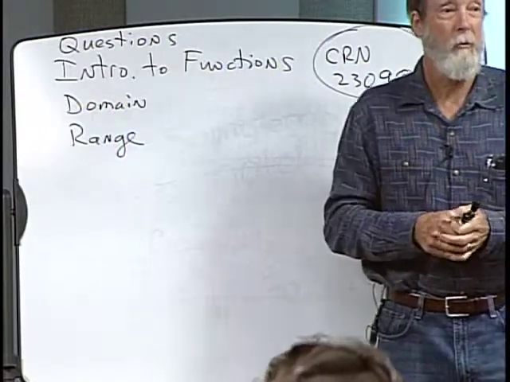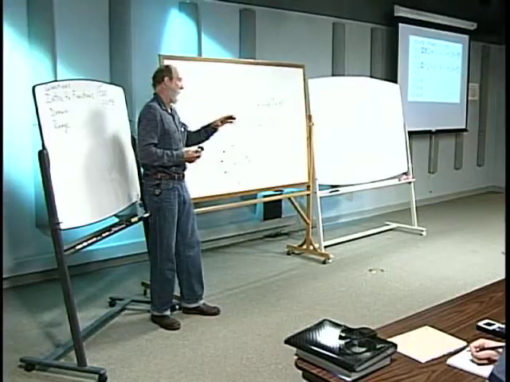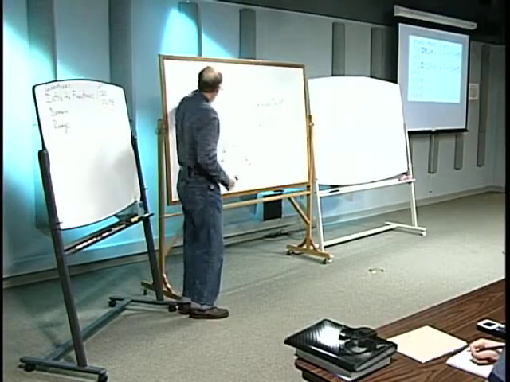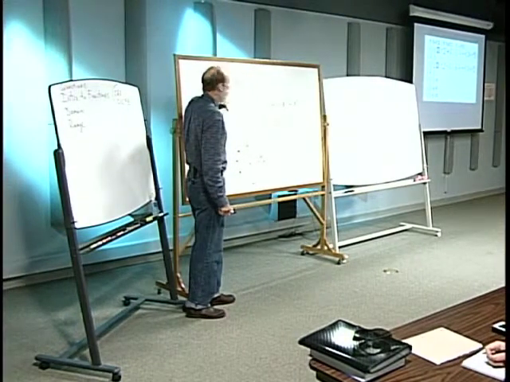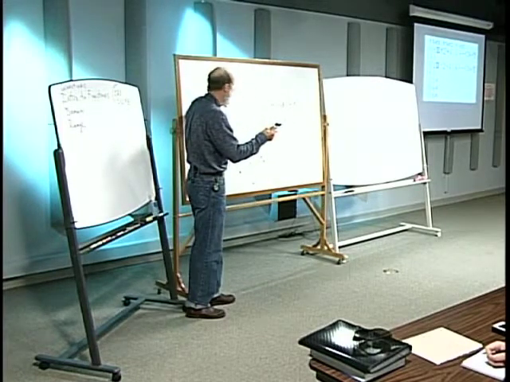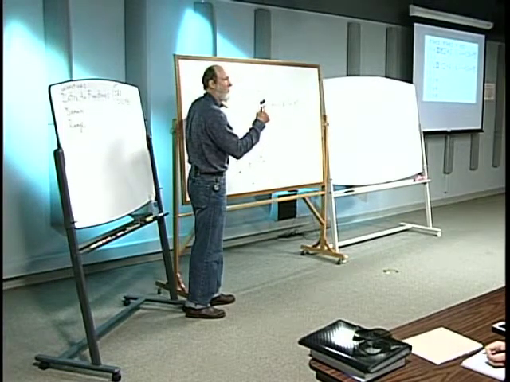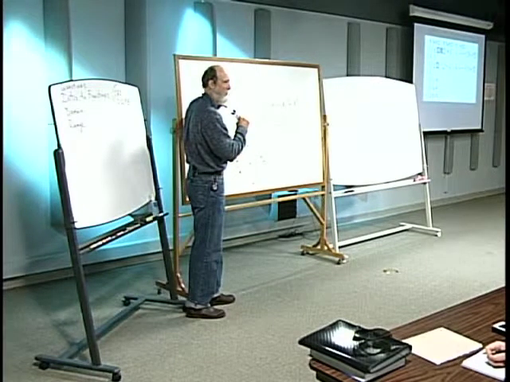Okay, so let's go to this circle that we talked about at the end of the last class session. In general, we all know what a circle is. It's a collection of points that are equidistant from some fixed point. That's a formal way of describing it.